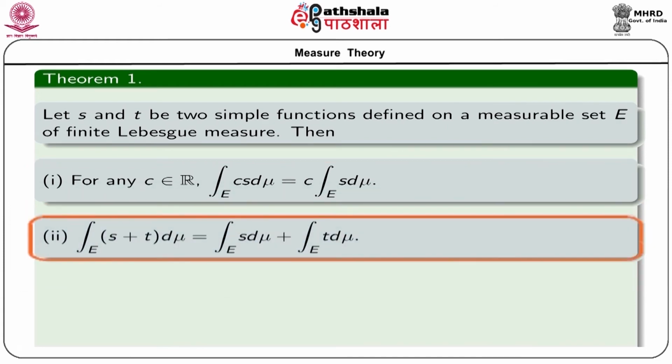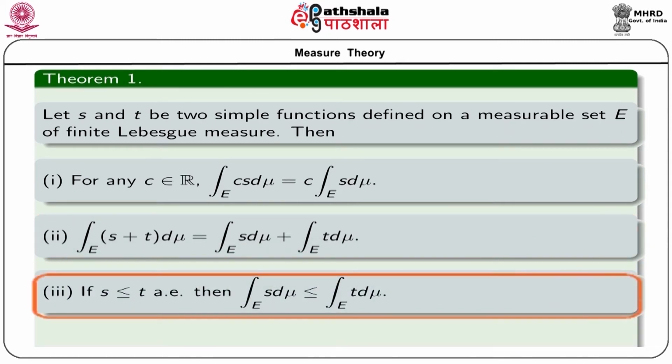Note that if S and T are two simple functions, then S plus T is also a simple function. So, the integral over E of (S plus T) d mu is equal to the integral over E of S d mu plus the integral over E of T d mu.